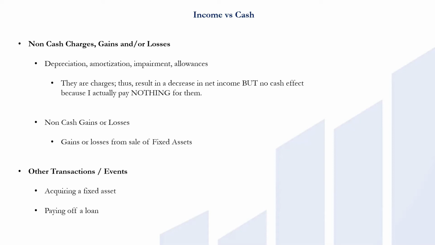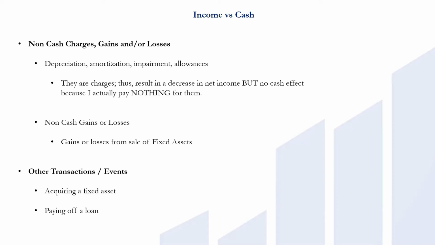But that does not mean that when you record the depreciation expense, you're going to go and pay it to someone. So this will also result in a mismatch because you're going to have a depreciation expense in your income statement, but your cash will not be affected. So another mismatch.